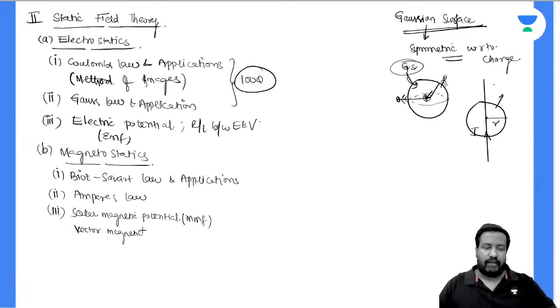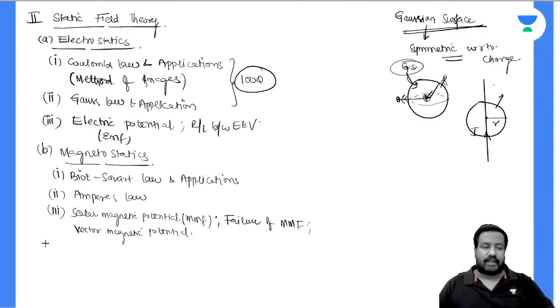We need to define vector magnetic potential because scalar magnetic potential is defined only for free space or in perfect dielectrics where sigma is 0. This concept is called failure of MMF. Some beautiful explanation is also given on this concept of failure of MMF.